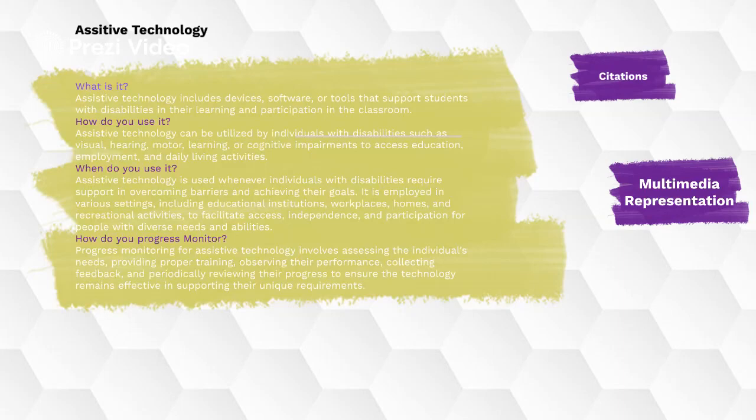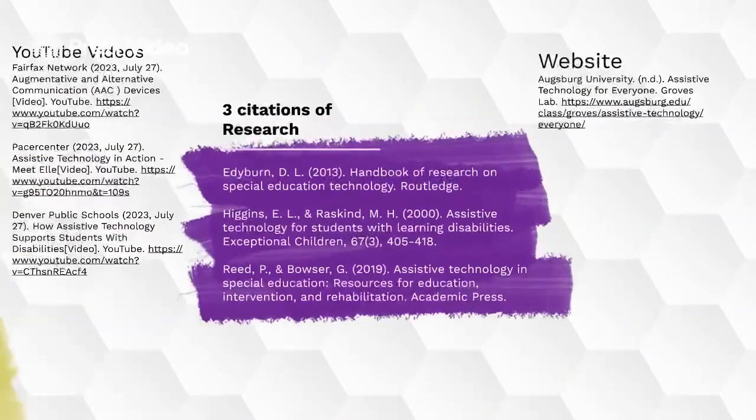How do you progress monitor? You progress monitor for assistive technology by assessing the individual's needs, providing proper training, observing their performance, collecting feedback, and periodically reviewing their progress to ensure the technology remains effective in supporting their unique requirements. Here are the citations for this strategy.